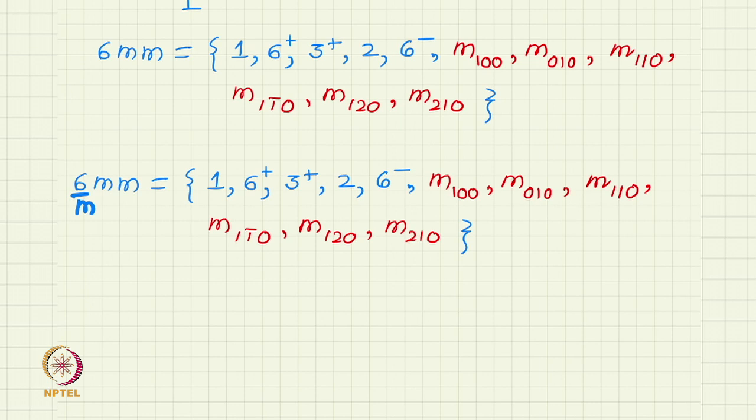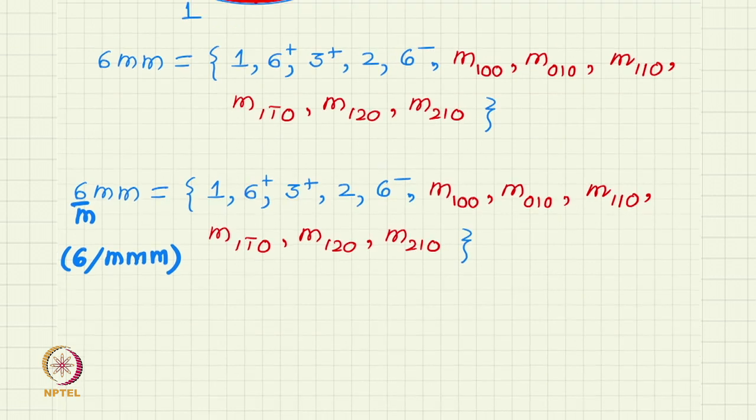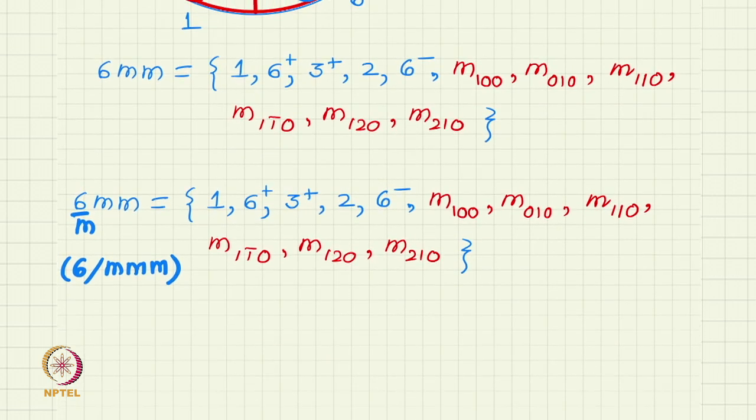But in a short notation, this can also be written simply as 6 by mm, because typographically sometimes it's easier to type this. So this convention is there and is true also for 4 by mm, and in the case of mm, of course, we are using only 3 m's.